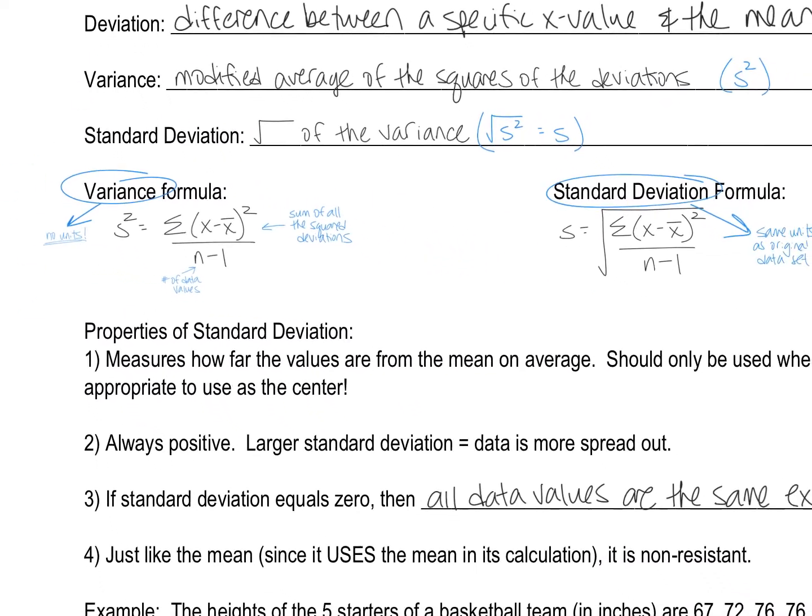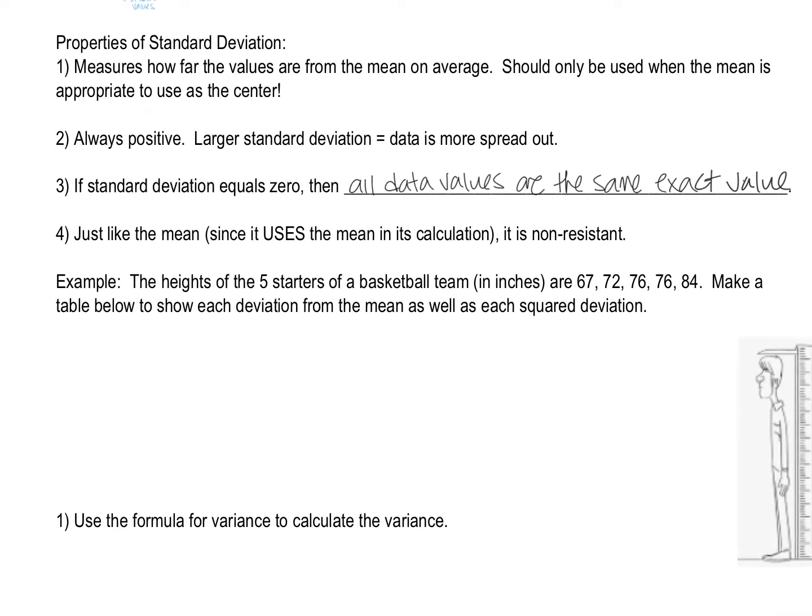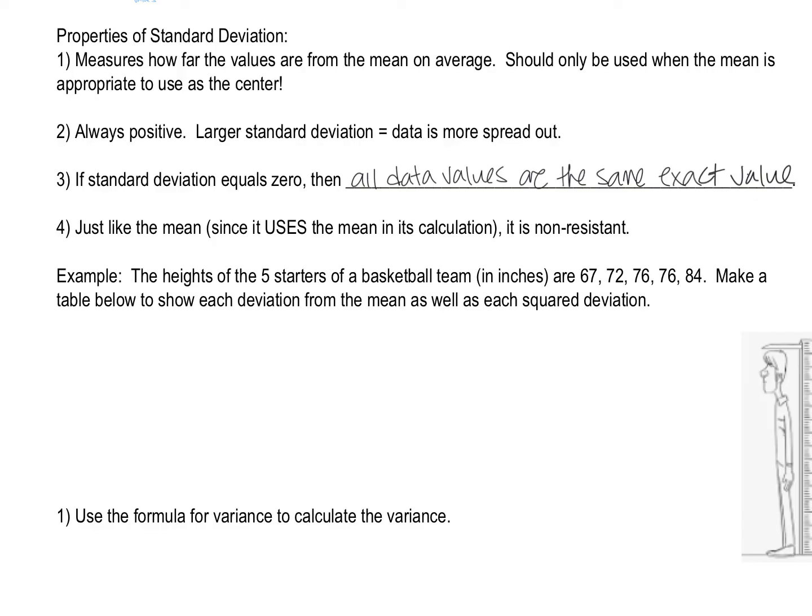I'm going to go right into these properties down here. Again, if you missed something or didn't get to copy something down, just pause the video or rewind or whatever. But first of all, the standard deviation measures how far the values are from the mean. And so that should only be used when the mean is appropriate to use as the center.